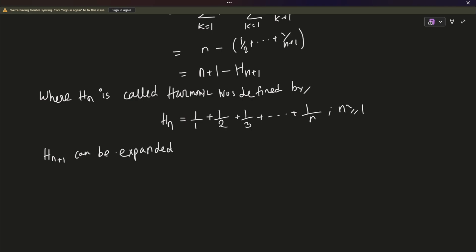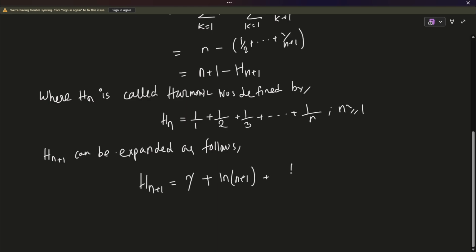It can be expanded as an infinite series as follows, but only when n tends to infinity. That is what asymptotic expansion is all about. So Hn plus 1 can be written as, firstly, gamma, I'll say what this is, gamma plus ln of n plus 1, and then it goes on like 1 by 2 times n plus 1 and so on.